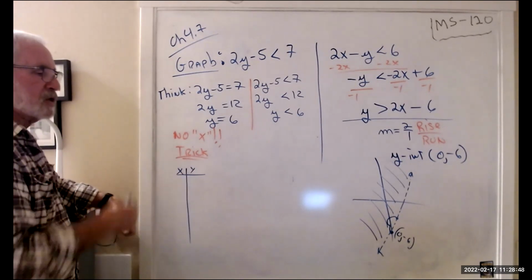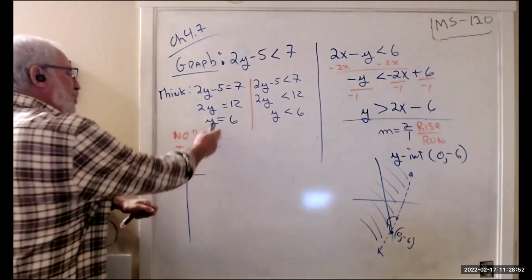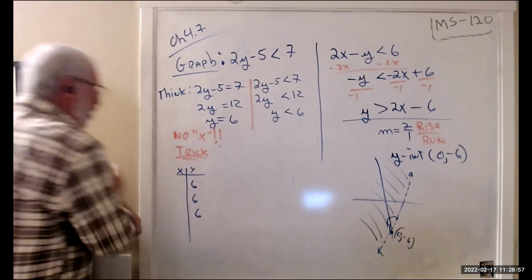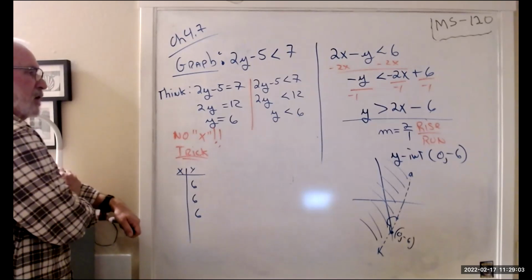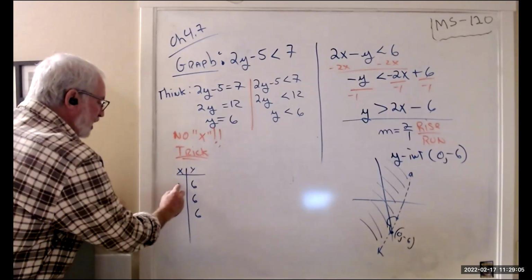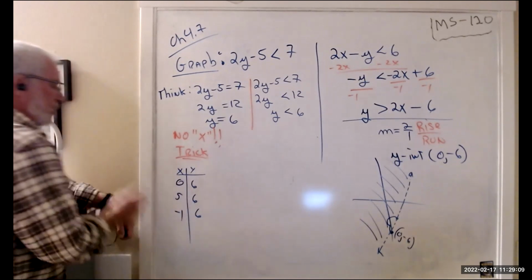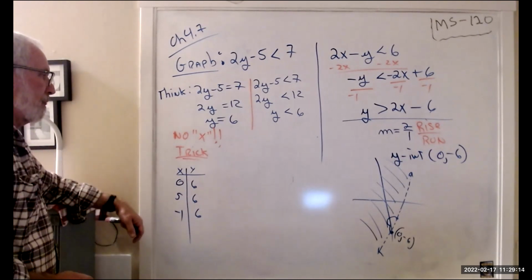You remember this. Others of you are still struggling. So what this is saying is your Y value is locked in at 6. Y is locked in at 6, and X can be anything, 0, 5, -1. I just made up that X could be anything. That's what that's trying to say.